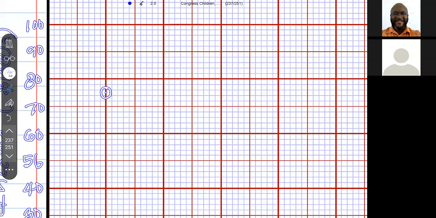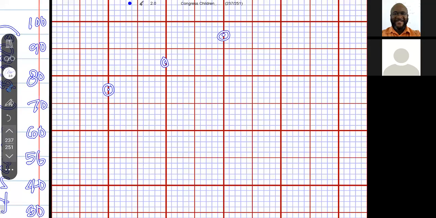The next point is 2006, which corresponds to 85,000. That's in the dead middle between 80 and 90. 2007 corresponds to 95,000. So 95,000 is the dead middle between 90 and 100.